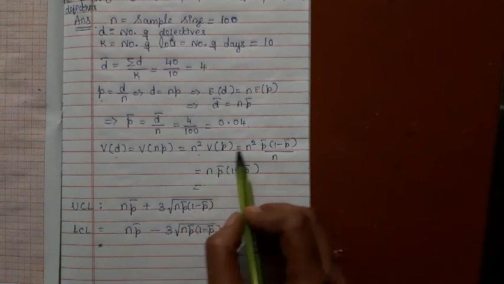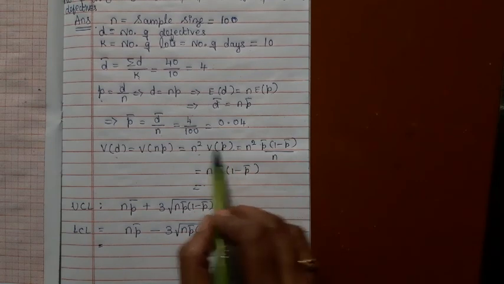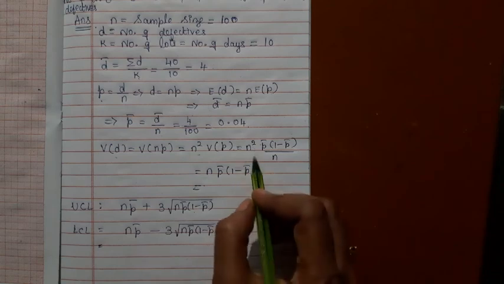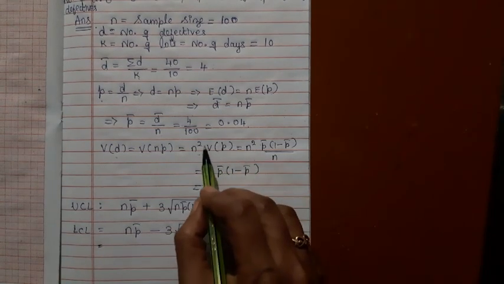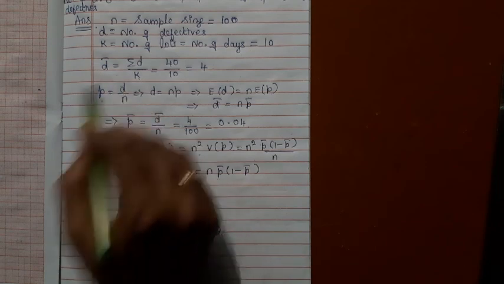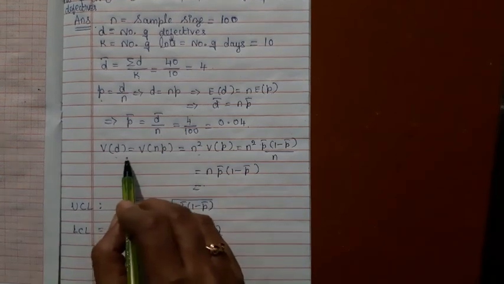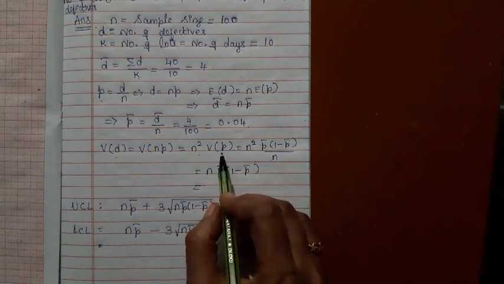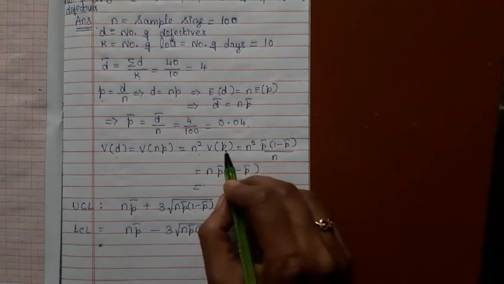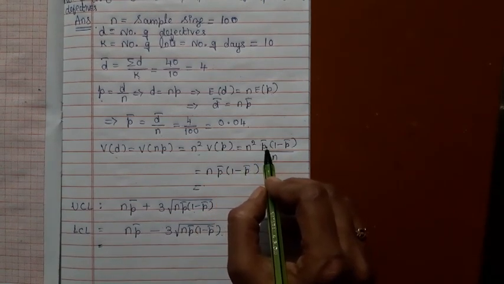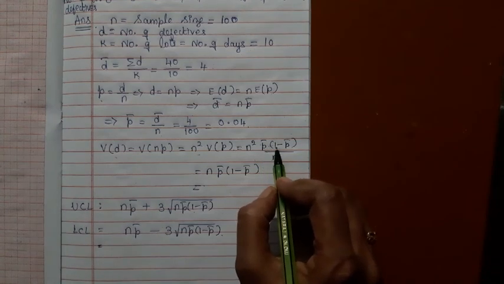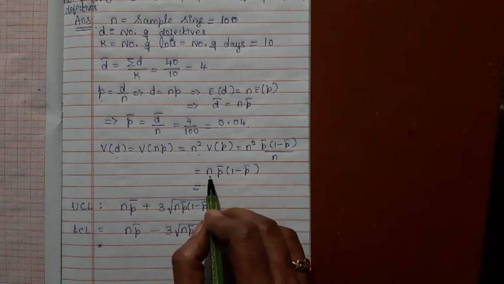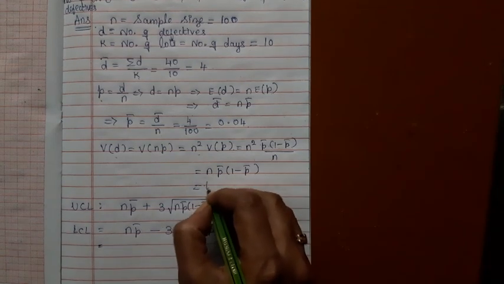Now let us compute variance of D, that is variance of NP, that is N square into variance of P. But what is variance of P? Here your D is a binomial variate. In binomial distribution, if it is in terms of P, it is PQ by N, a Bernoulli variate. Your variance of P is PQ. In the place of P, you have P bar into 1 minus P bar by N. 1 N gets cancelled. So you have NP bar into 1 minus P bar.